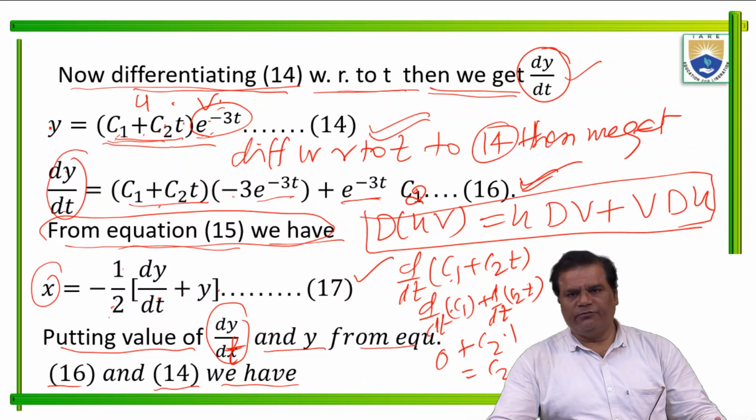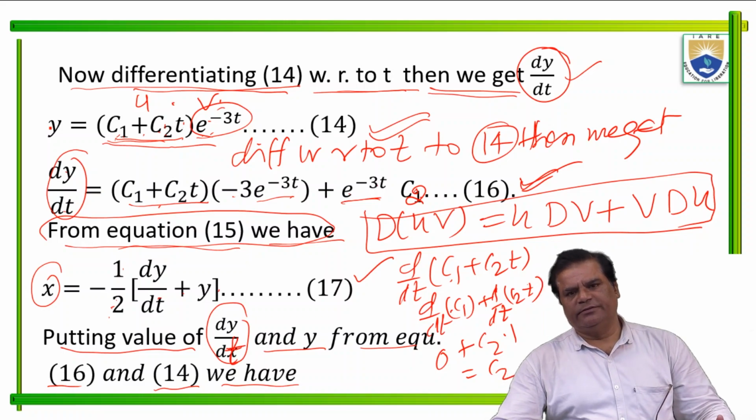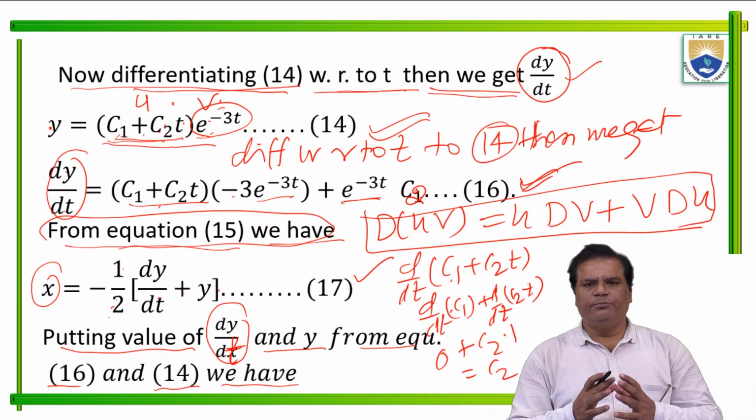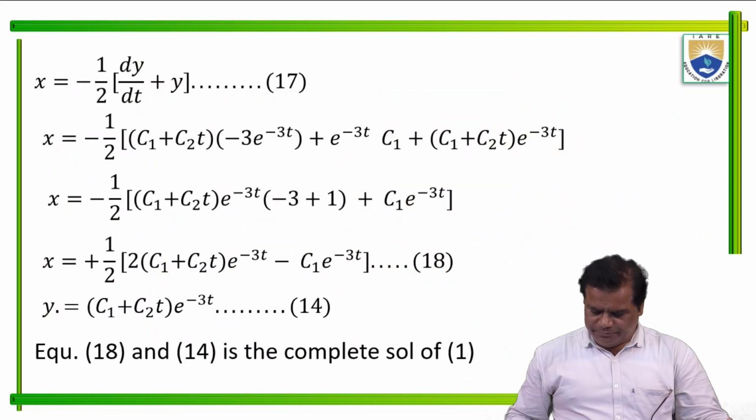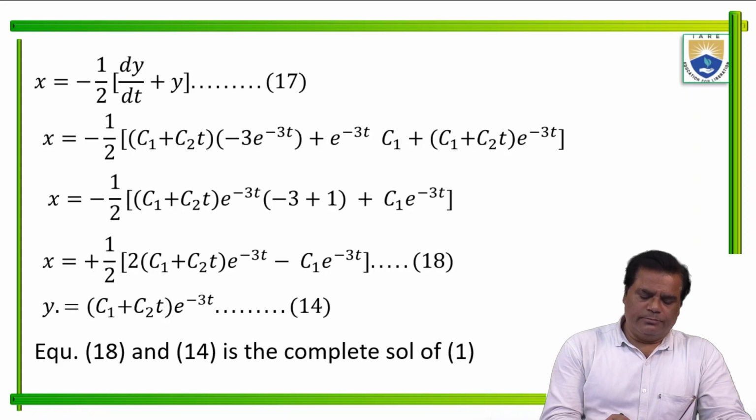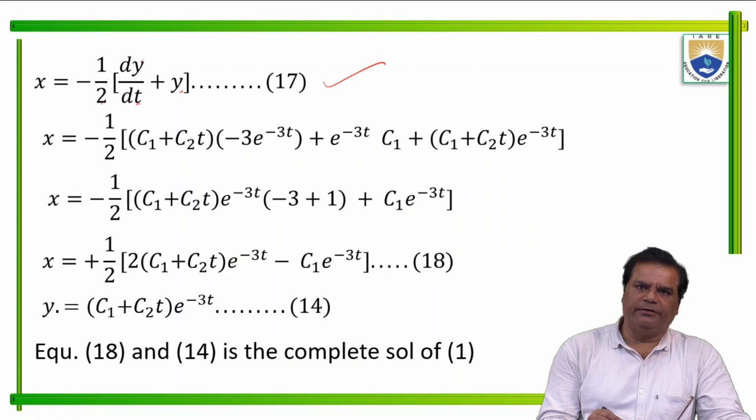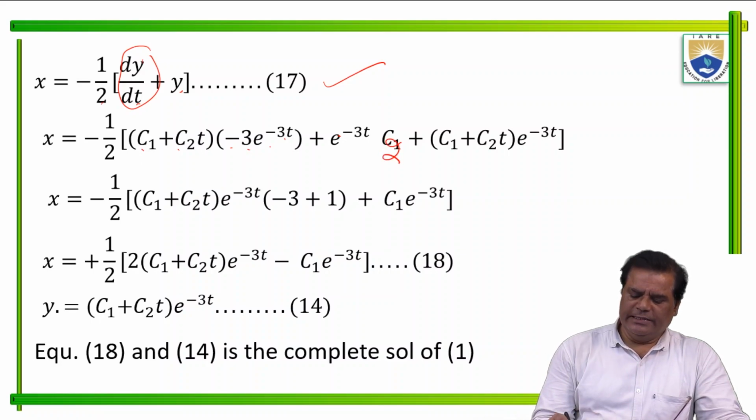And 14 is the solution of y. So putting both values in equation 17, x equals minus 1/2 of (c1 plus c2t) times minus 3 e to the power minus 3t, plus e to the power minus 3t times c2, plus (c1 plus c2t), which is y.